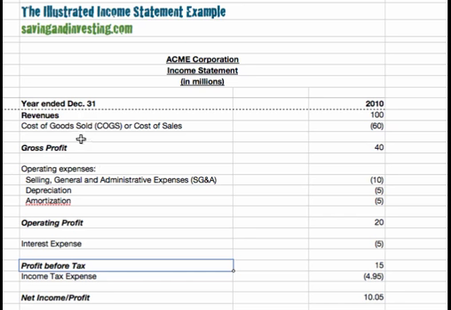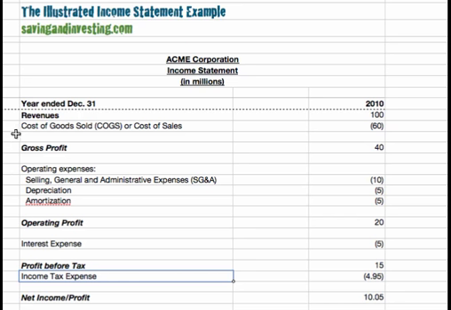So we're starting with an operating section up here, where we have the cost of goods sold, or the cost of sales, and then operating expenses. Then we have a number of non-operating expenses. For example, the interest expense, which is very dependent on how much debt the company has, and the income tax expense, which is dependent on the income tax rate for a company in that given country or state, or the regime within which the company operates.